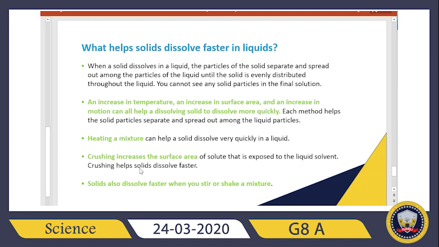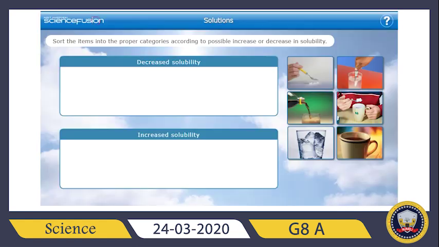So please try these mixtures, try these solutions, and try to find the effects of temperature or surface area and stirring on the solution rate, on solubility, and you will see that it is really easy to experiment. So let's solve this question in order to make it more clear. We will sort these pictures into these categories. Is it decreasing the solubility or increasing the solubility?